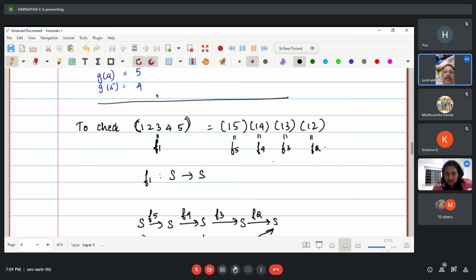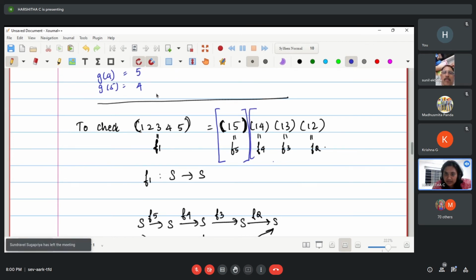Okay. So just this part, 1, 5, this can be seen as a permutation, as a function from S to S. So we are calling that function F5. And this function we are calling it F4.